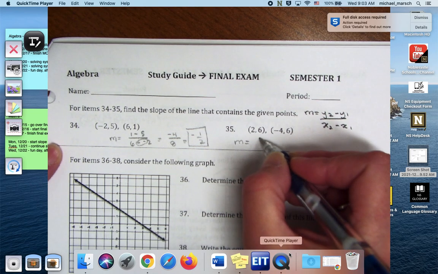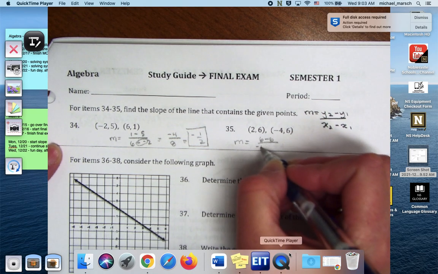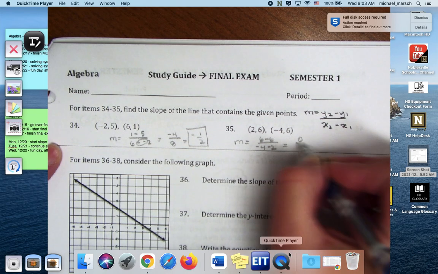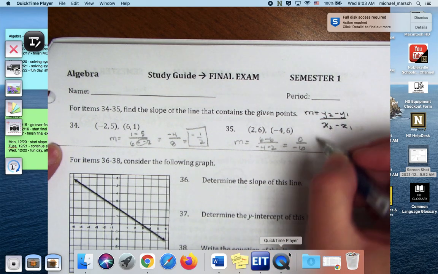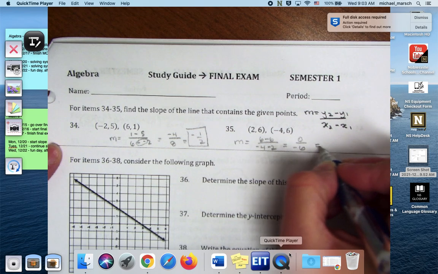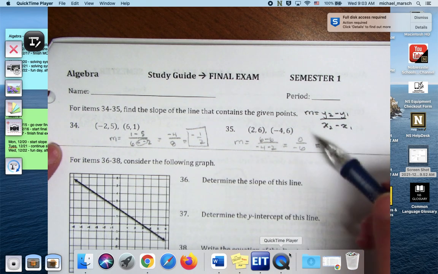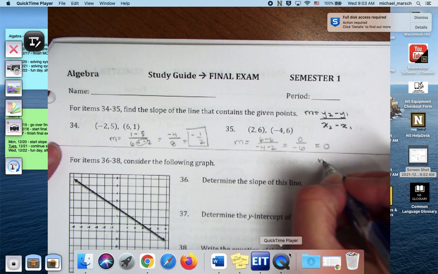M equals 6 minus 6 over -4 minus 2, 0 over -6 equals 0. You can have a slope of 0. If you remember from Mr. Slopeface, a slope of 0 is a horizontal line.